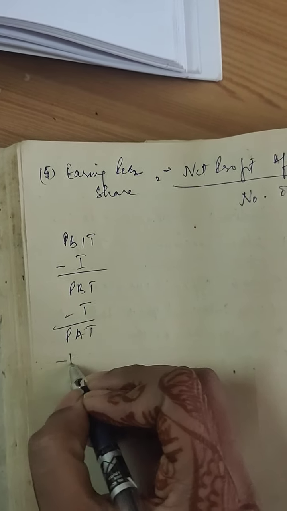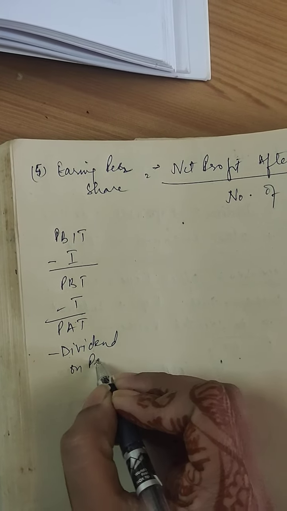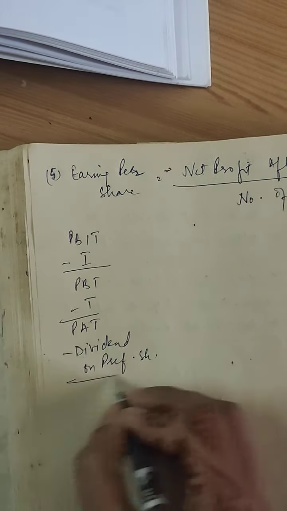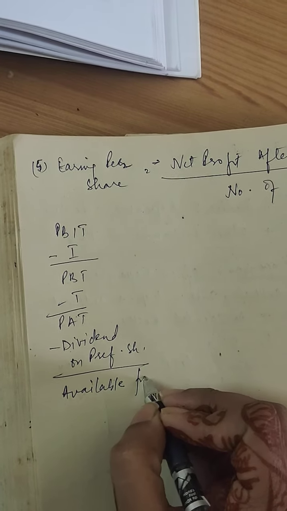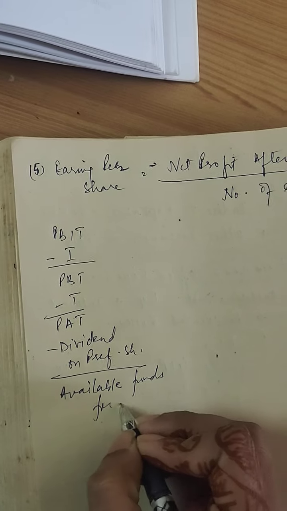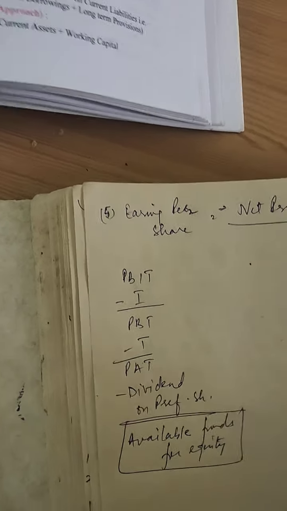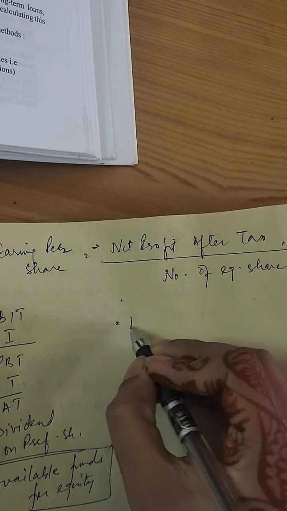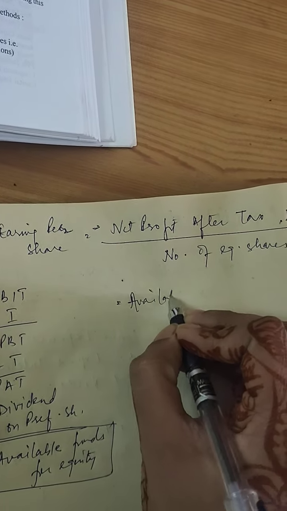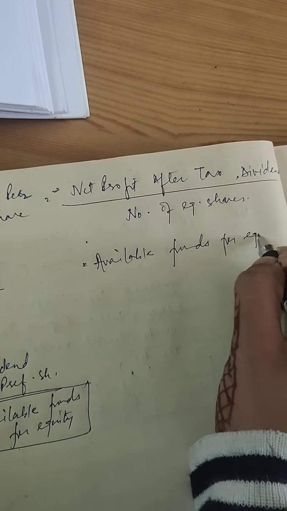Then I told you we have to reduce dividend on preference shares, right? Dividend on preference shares is the first priority before giving money to the equity. So whatever is left is called available funds for equity. So our name for the formula shall be not PAT after tax and dividend. I will be using this terminology for your understanding, which is called available funds for equity, right?